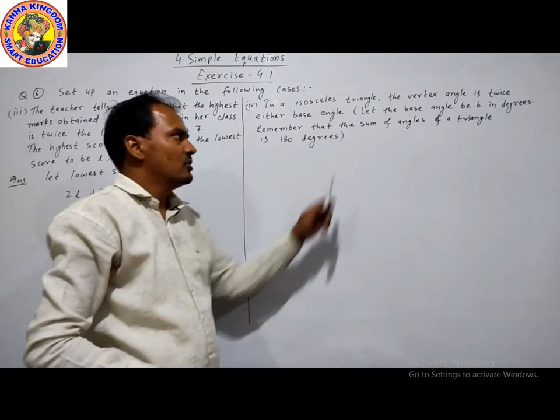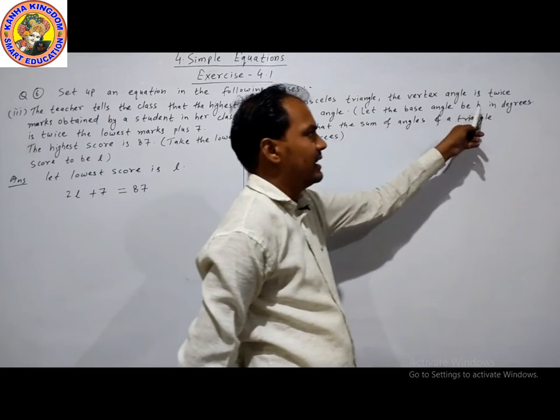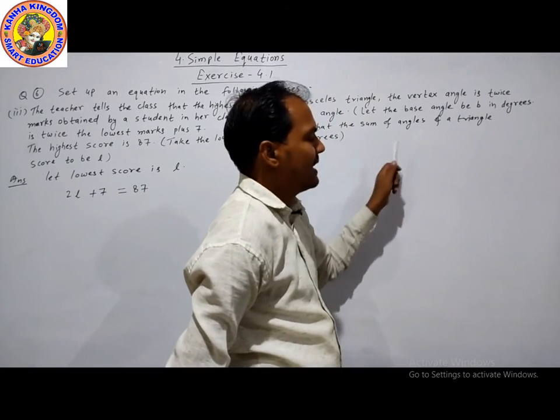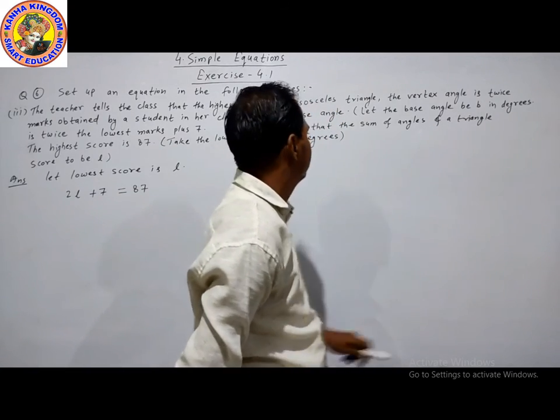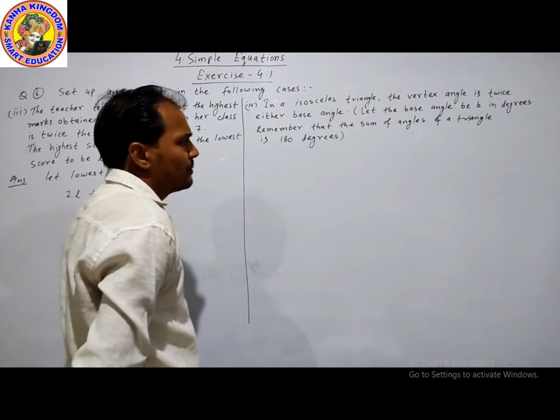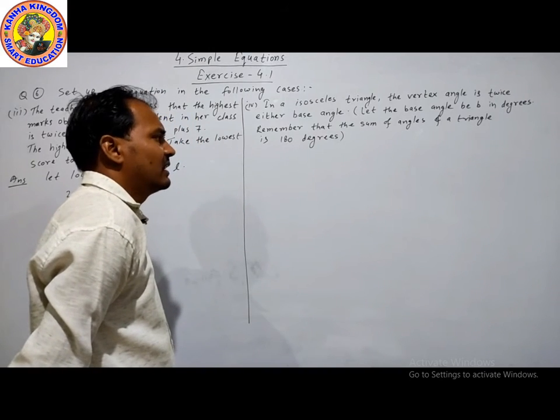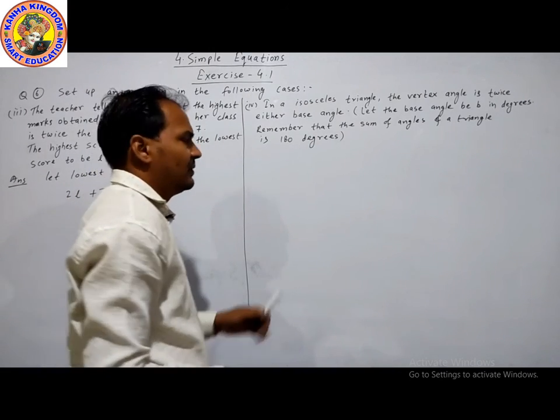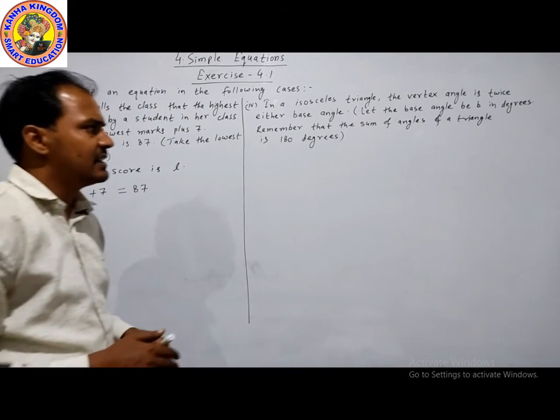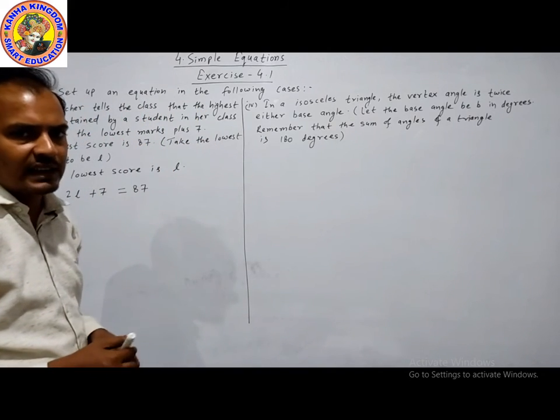Now let the base angle be B. Remember that the sum of angles of a triangle is 180 degrees. If we add all 3 angles, the answer will be 180 degrees.